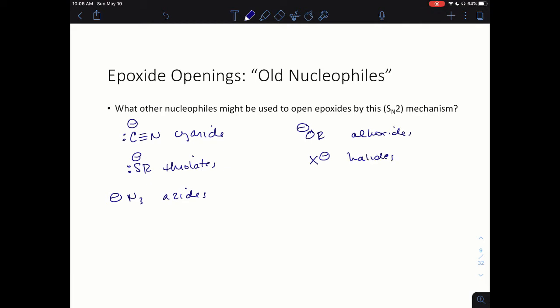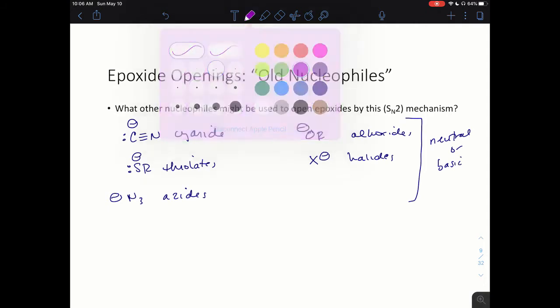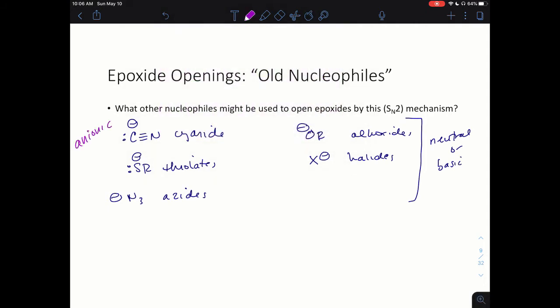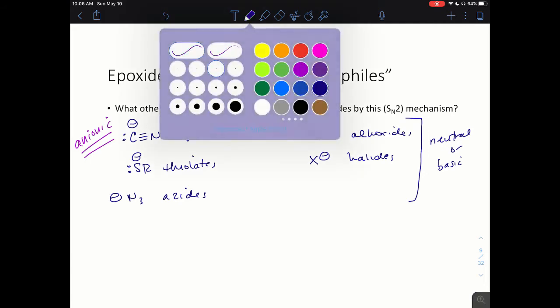So all of these would definitely go by this neutral or basic mechanism. So these are some anionic nucleophiles. Remember we said for both of those types of reactions, a nucleophile is anionic.